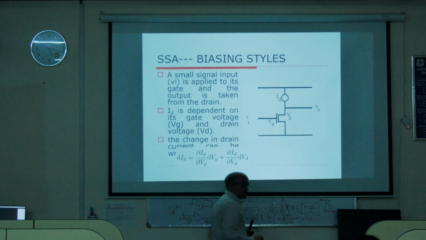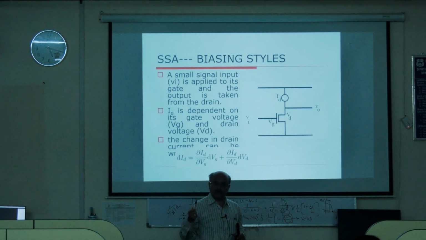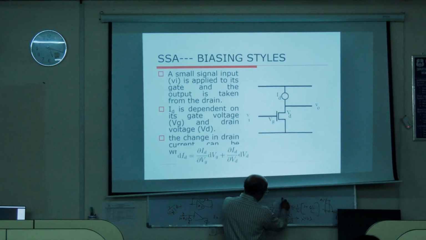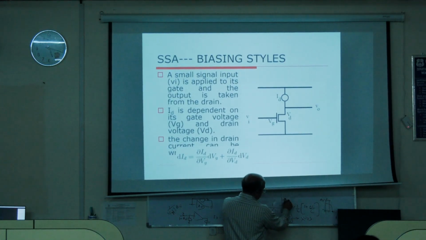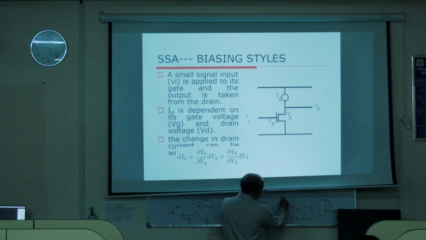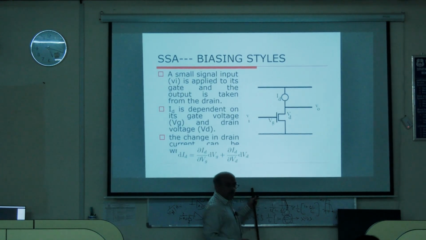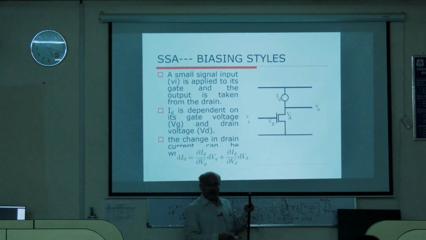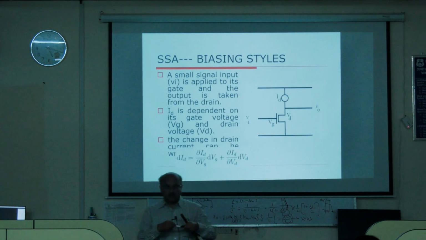For the same unity gain frequency, I want to get a larger gain. Then what should I do? I can't do anything here, but I should think of a solution.